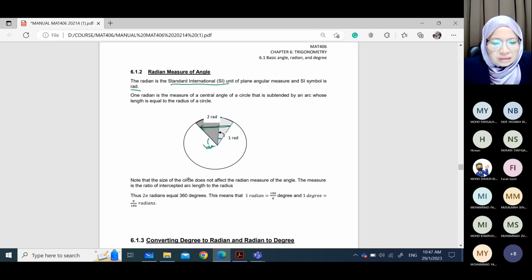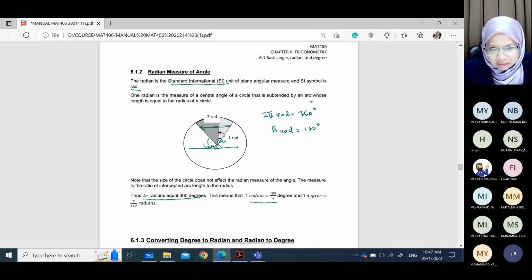Alright. Okay, so just 2 pi radians equal 360 degrees. So this means that 1 radian is equivalent with 180 over pi degrees, and 1 degree is pi over 180 radian. So here we can say that 2 pi radians is equivalent with 360 degrees. So kalau garis lurus 180 darjah, so maknanya pi radian it is equivalent with 180 degrees.